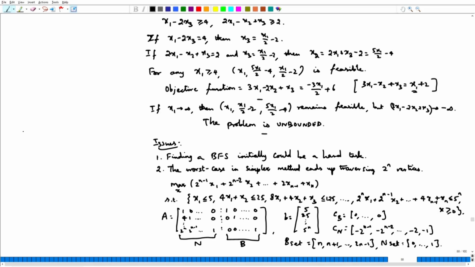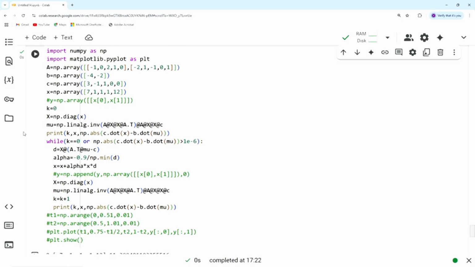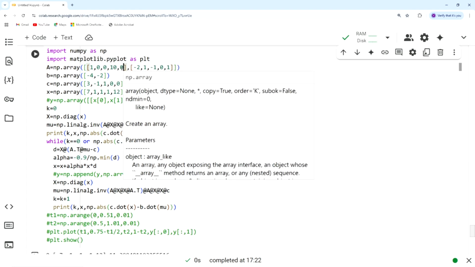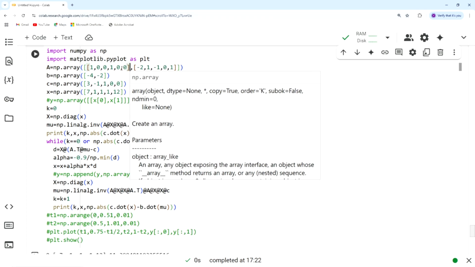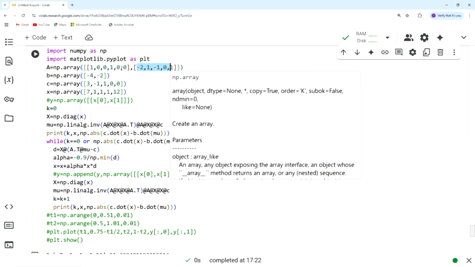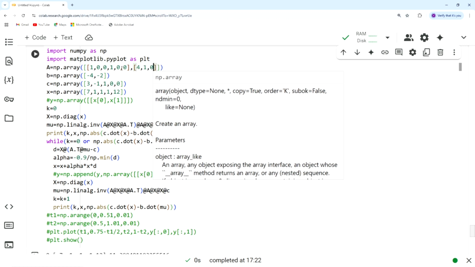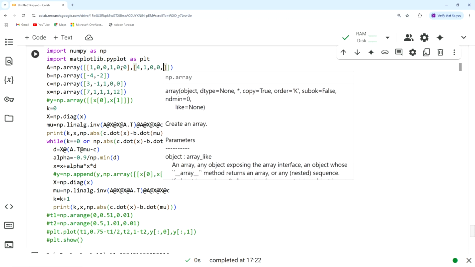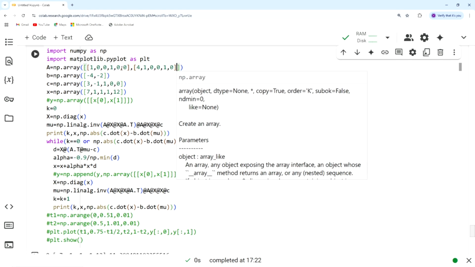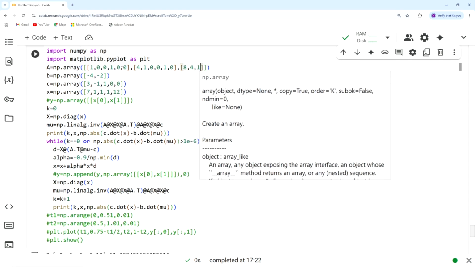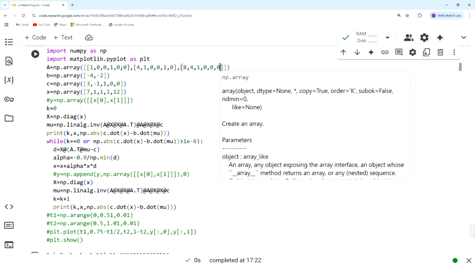So you will have a 3 cross 6 matrix A. That will be 1 0 0 1 0 0, and this will be 4 1 0 0 1 0, and 8 4 1 0 0 0, okay.